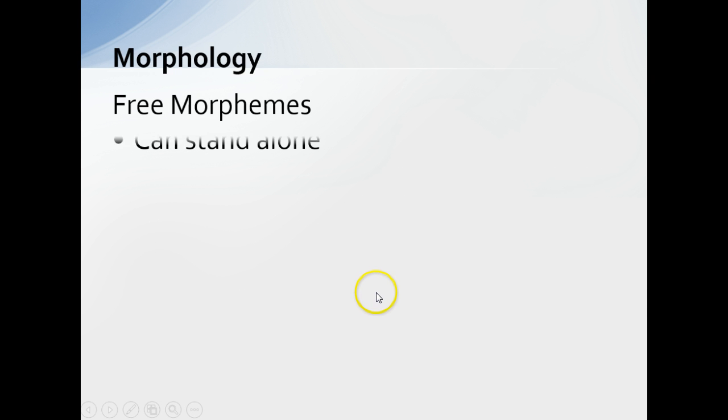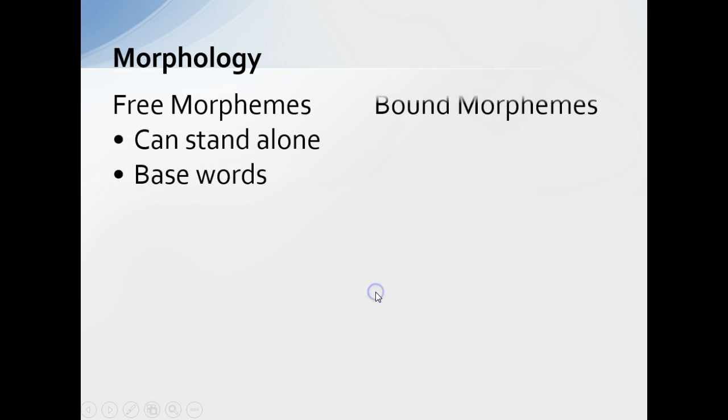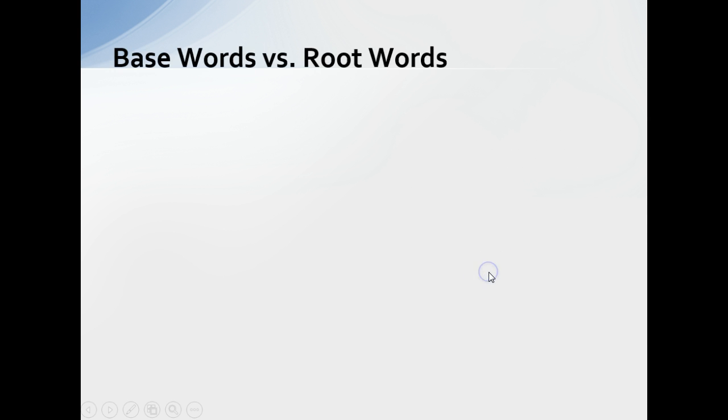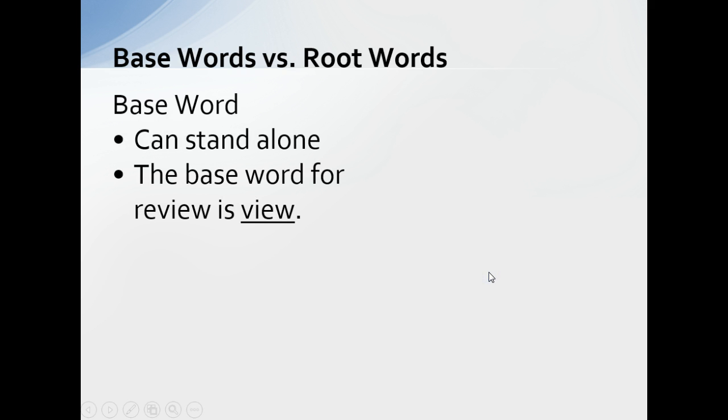Morphology, we have free morphemes and bound morphemes. I'm just going to put them all up here. So free morphemes can stand alone. These are our base words. And bound morphemes can't stand alone. These are our prefixes and suffixes, known as our roots. So here we have base words versus root words. A base word can stand alone.